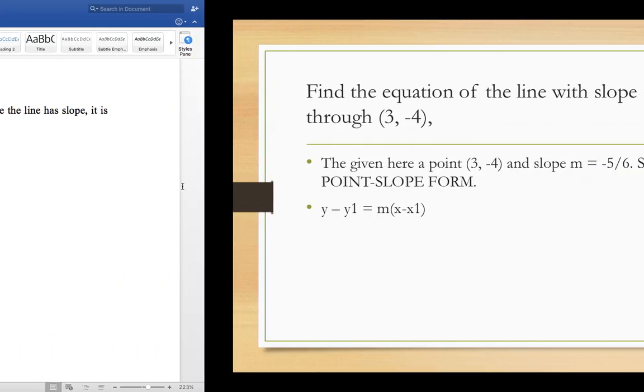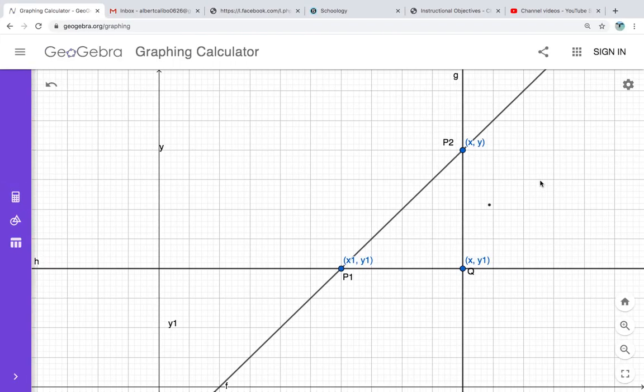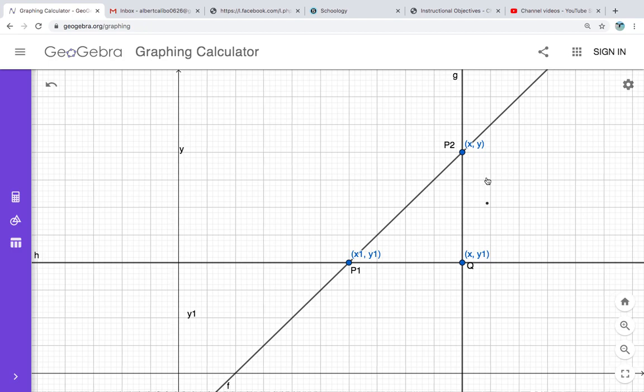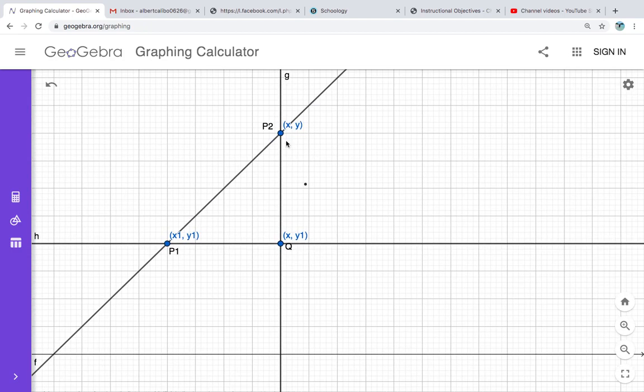So we can plot that here. So we have here 2 points, P sub 1 and P sub 2, P sub 1 having the coordinates x sub 1 and y sub 1, and P sub 2 having the coordinates x, y.